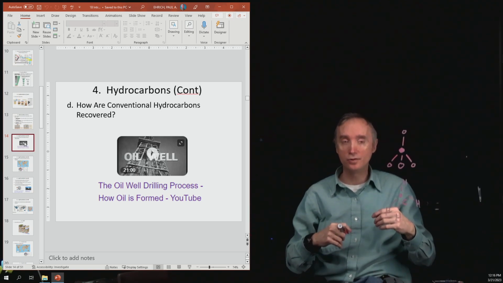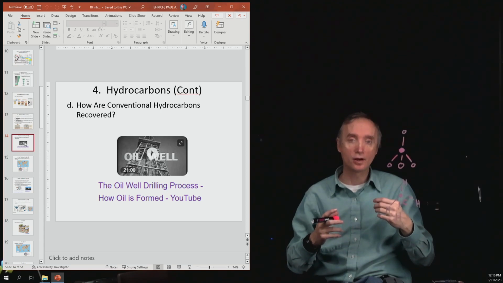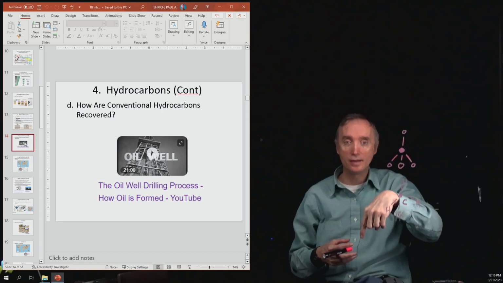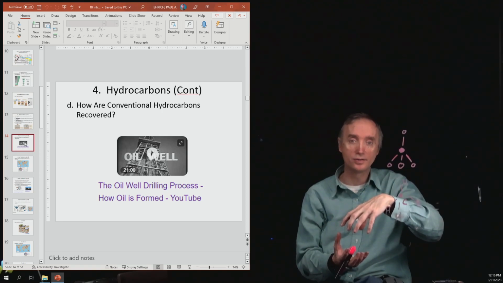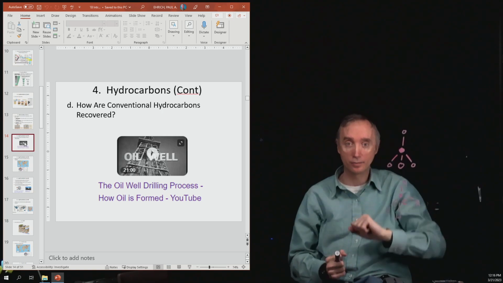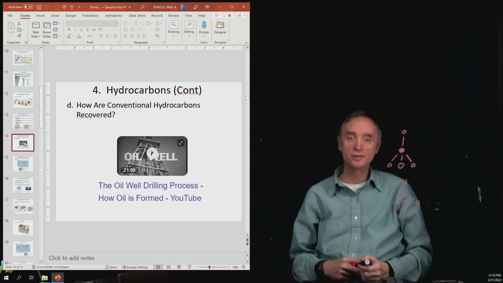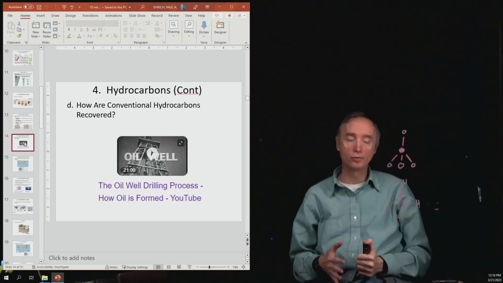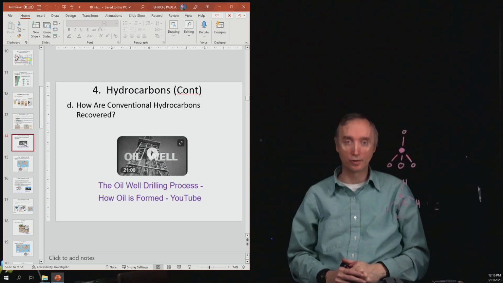And then they're also going to use something called mud that they are going to put down the well, and then that's going to hold the oil there until they're ready to start to bring it back up again. So here is a video that you can watch. You can see it's in black and white, but it does a very good job of explaining where does oil come from and then what's the process used to extract it from the ground.